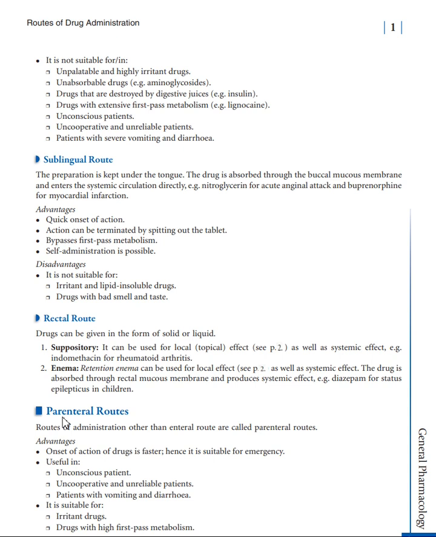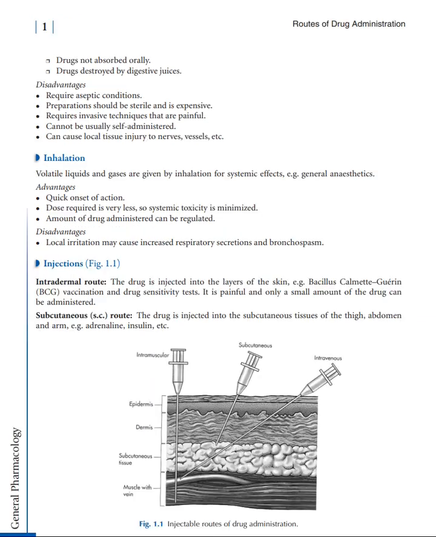It doesn't matter whether the person is unconscious or conscious. If the person is uncooperative or unreliable, it can be useful. Also for a patient with excessive vomiting and diarrhea. It is suitable for irritant drugs with first pass metabolism, and drugs that are not orally absorbed or that are destroyed by digestive juice. These are the major disadvantages of the oral dose.